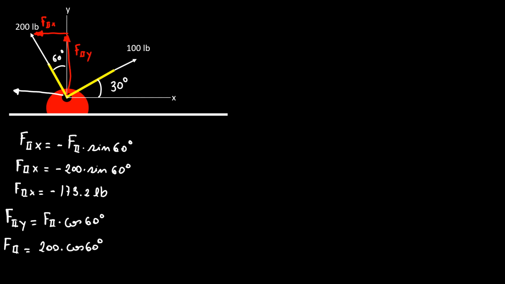So my F2y is equal to 100 pounds. So the vector form of F2 is equal to minus 173.2 i plus 100 j.